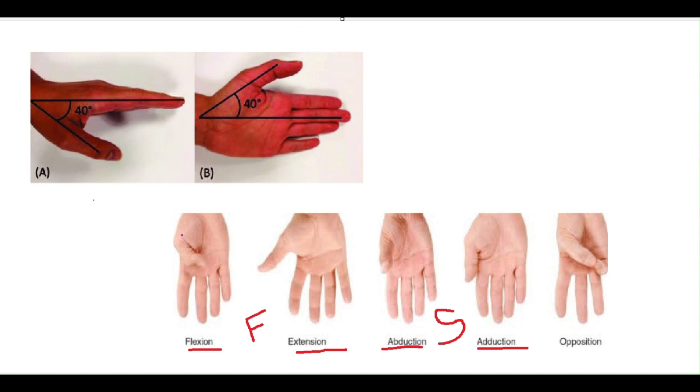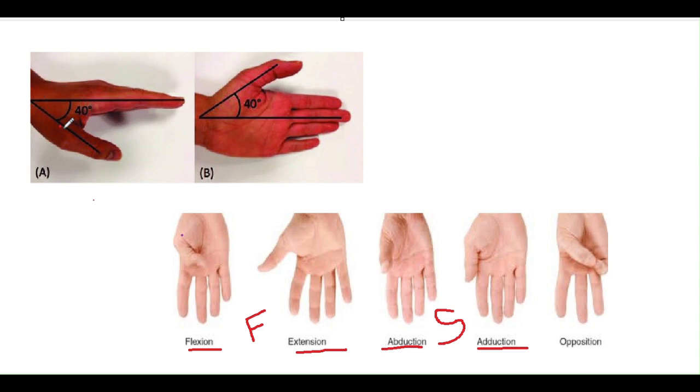Let us talk about it. For all the other joints also, we are defining the movement with respect to the anatomical position. Okay, so flexion and extension for other joints takes place in the sagittal plane, considering the body part is in the anatomical position.